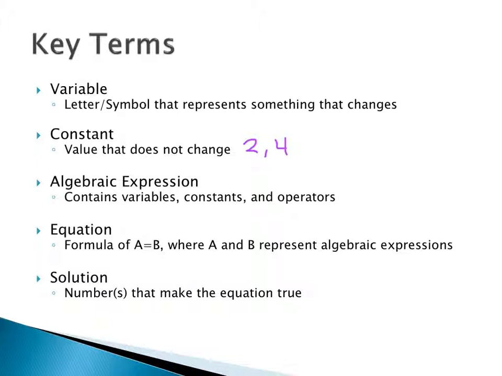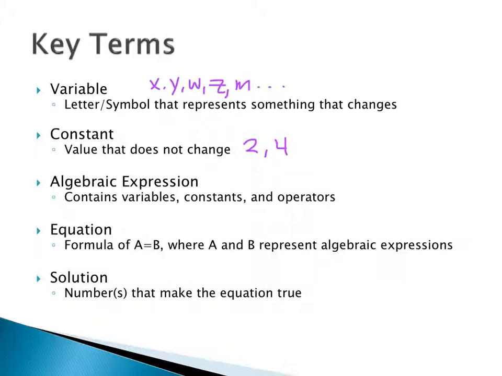However, in algebra, we may be dealing with certain values that may be changing, that may not be constant, and we call those variables. We represent variables with a letter or a symbol. It could be the letter X, Y, W, Z, M, or any other letter we want to choose.